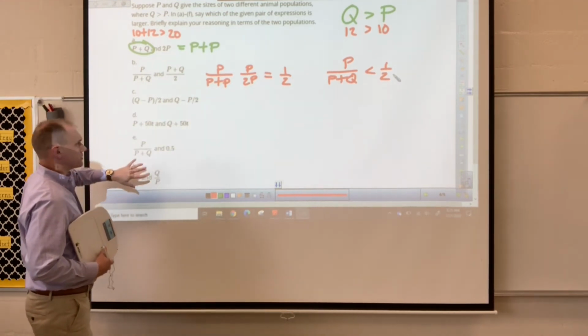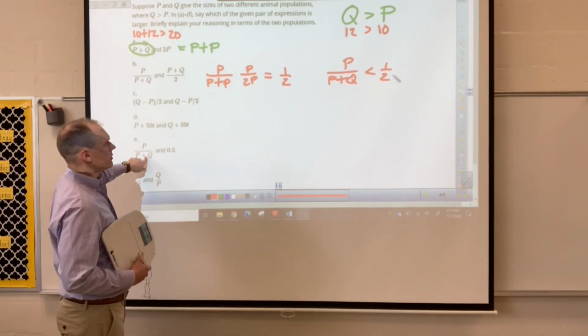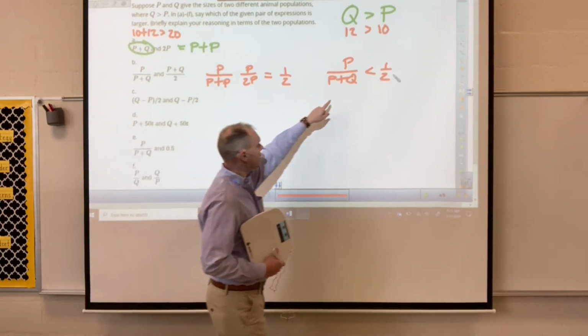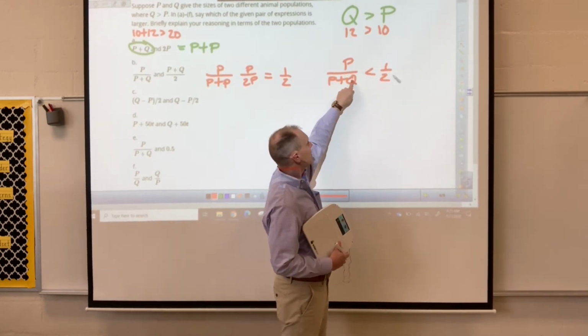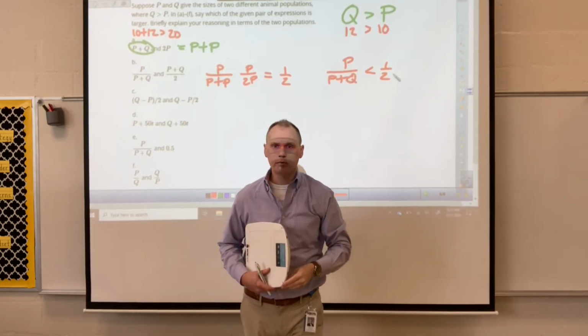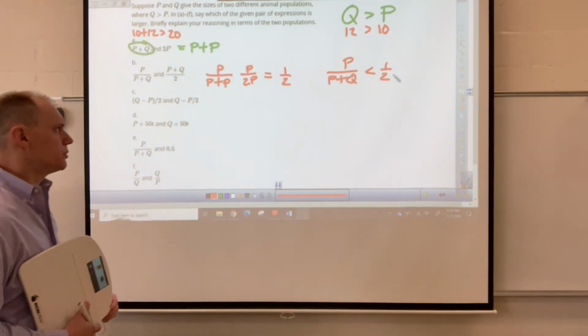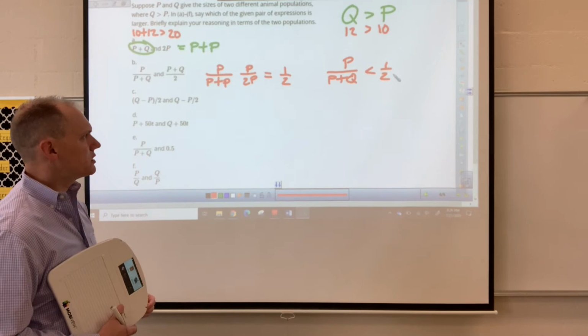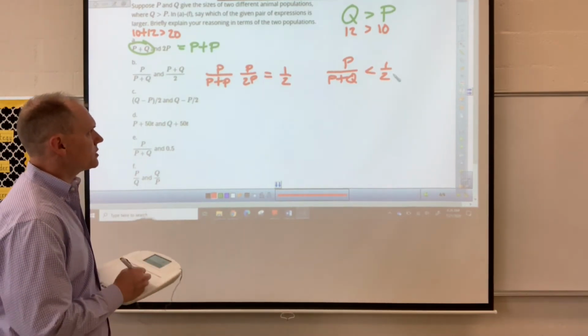So that's actually going to help us out down here on part E, if we compare that. Because again, if we were to put p in here, this denominator would get smaller, therefore it would be equal to 1/2 if it was p. But because we increased it by putting in q, it's going to be less than 1/2. Well, let's just try some values here.